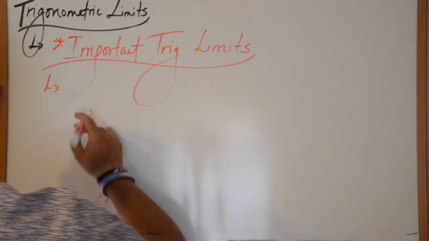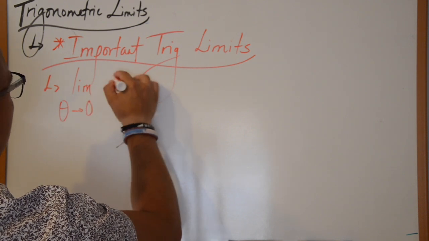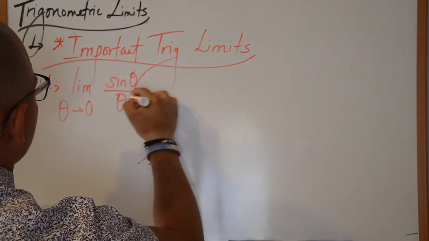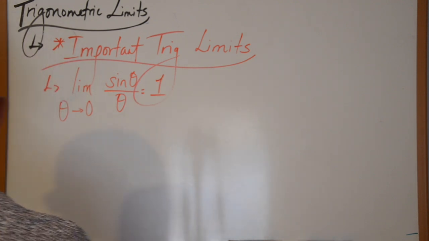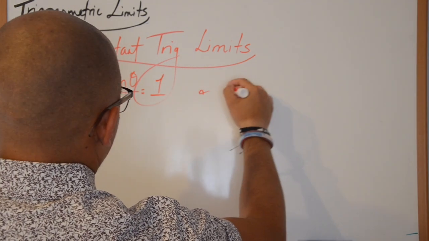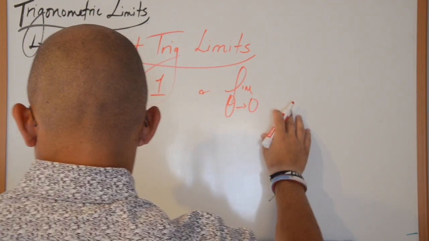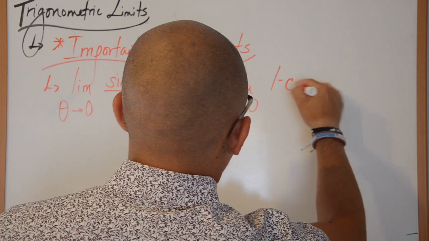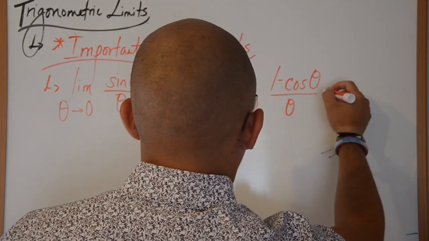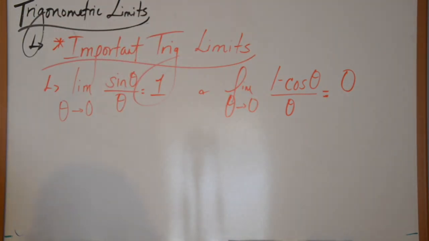The first one being the limit as theta approaches 0 of sine of theta over theta is equal to 1. And the limit as theta approaches 0 of 1 minus cosine theta over theta is equal to 0.